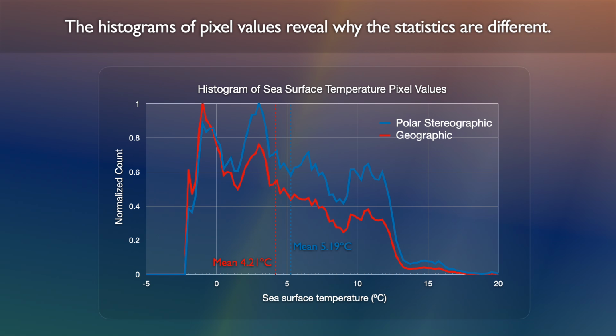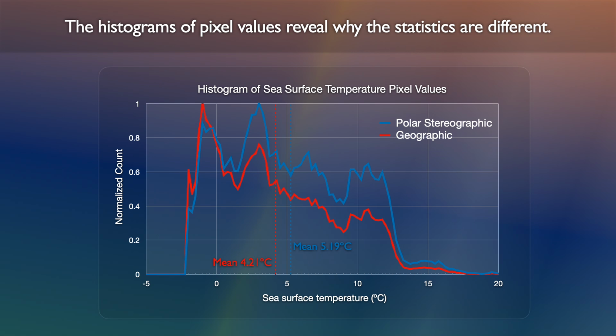Well, that makes sense because warmer pixels are further south, and as you go south in the geographic map projection, each pixel takes up a larger area, so at southern latitudes there are fewer pixels per physical area on the Earth. And what that means is that pixel count data is artificially skewed to be higher towards the poles because a lot of smaller, colder pixels at higher latitudes have been used in computing the mean pixel value in the geographic map.